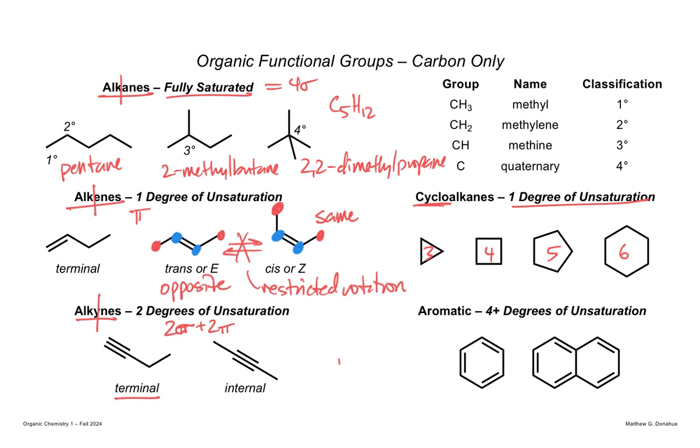So, for example, this would be a heterocycle. Cycle is telling you it's a ring. Hetero is telling you there's nitrogen or oxygen or something in that ring. So it still has a degree of unsaturation.